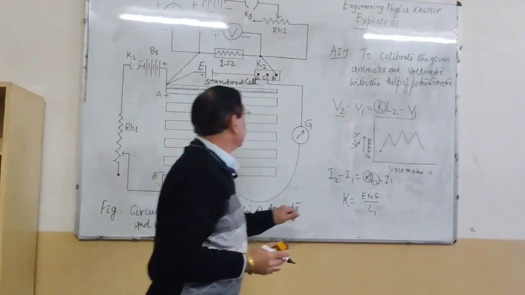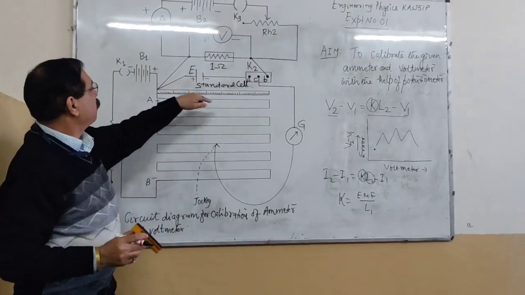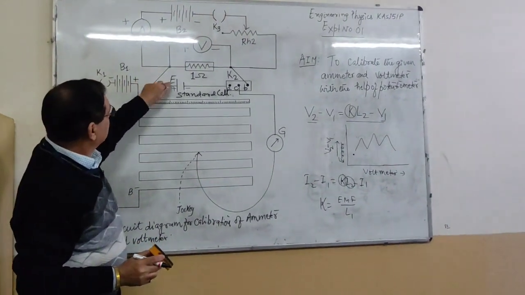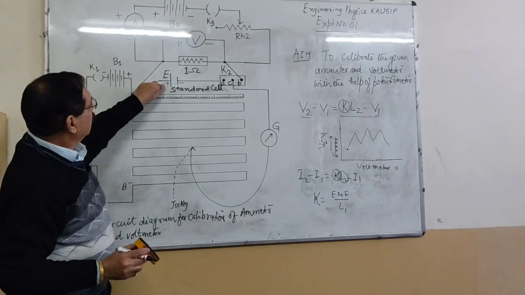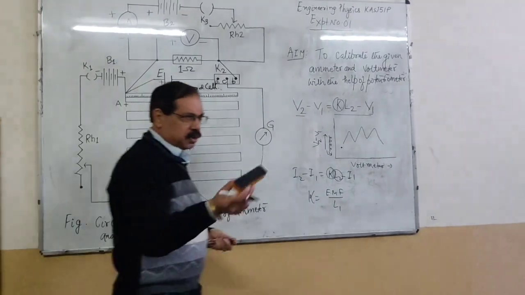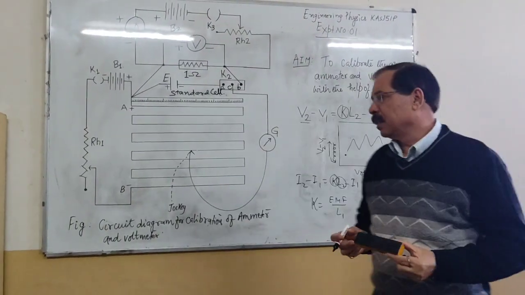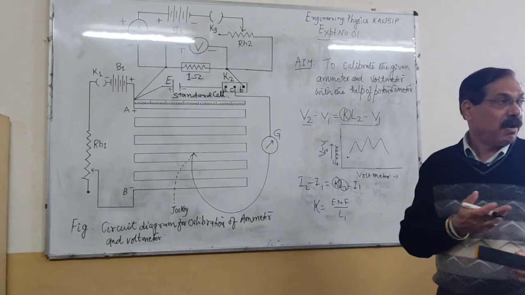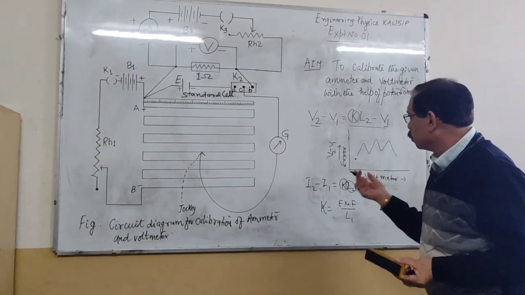Here EMF is the EMF value of the standard cell, and we will use here the cadmium cell, and the value of the EMF of this cadmium cell is 1.084 and so on.